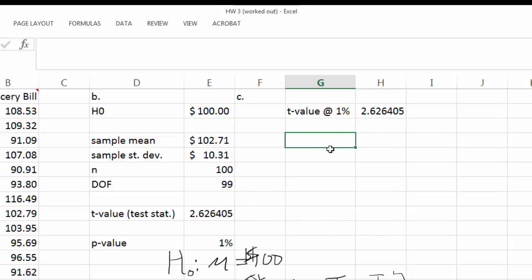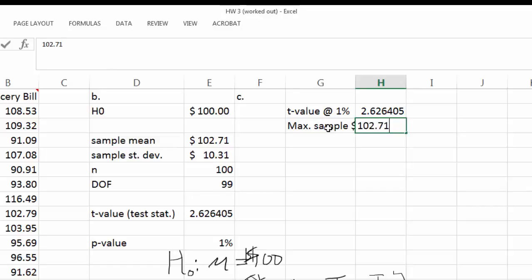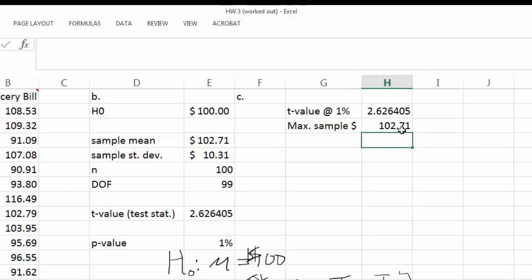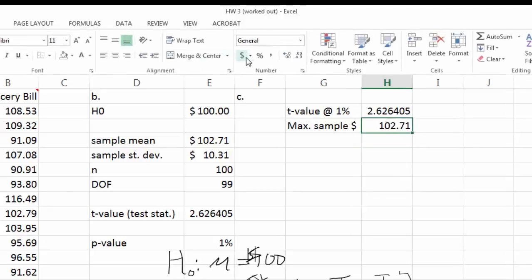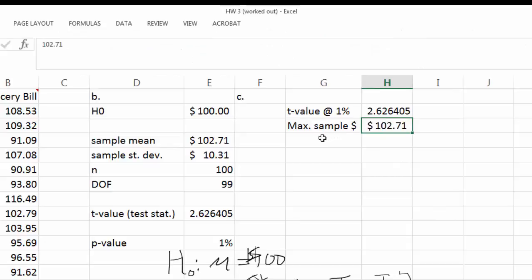So, okay, I can say my max sample bill for 1% would be 102.71. Now that would be if we're looking for just greater than, but because we're looking for differences, we'd have to calculate that for less than as well.